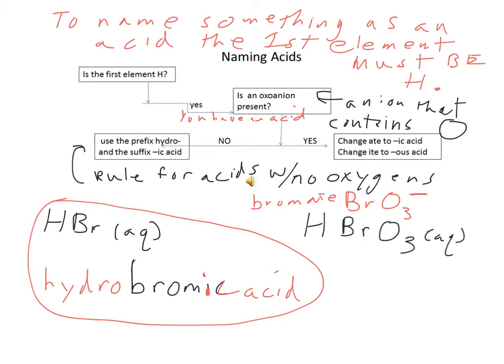BrO3 negative, the bromate ion. According to our rule, to name this compound as an acid, I'm going to change ate to ic. So bromate is going to become bromic acid.